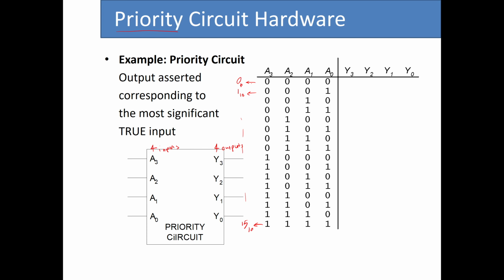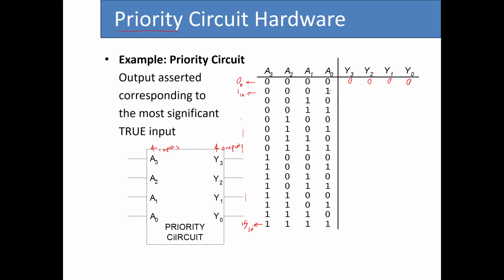So now let's see what the functionality of a priority circuit is. The priority circuit basically checks whether a bit from the set of inputs with high priority is 1 or not. For the first row, since none of the bits of the inputs are 1 or true, all of the outputs are 0.